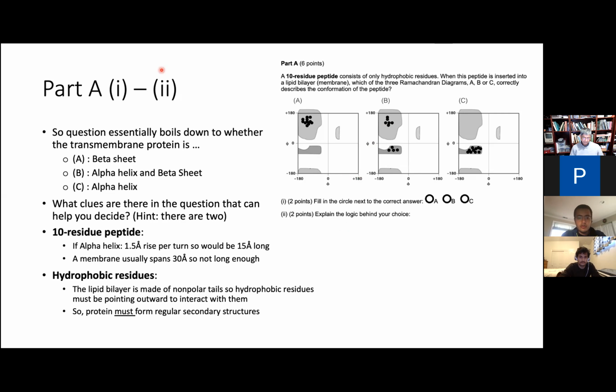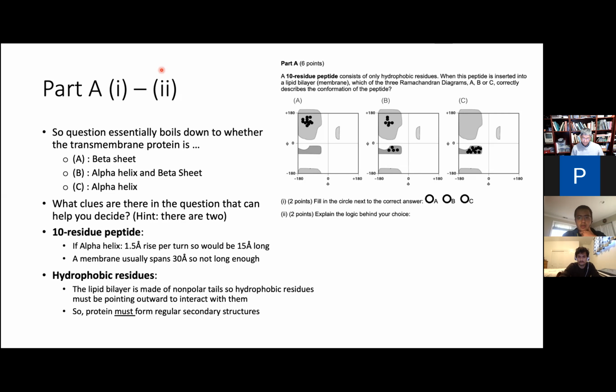Since there are hydrophobic residues and the lipid bilayer is also hydrophobic, the protein has to form a very specific structure. It allows these hydrophobic residues to interact with the lipid bilayer while also hiding away the polar amino acids. And the only way you can do this is to form a regular secondary structure, so a beta sheet or an alpha helix.